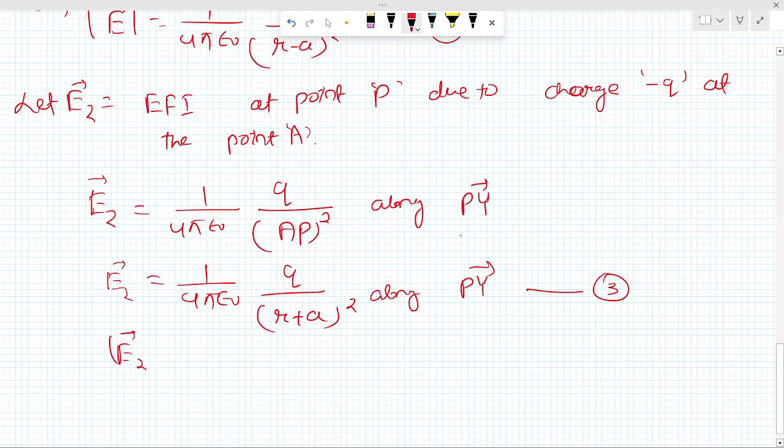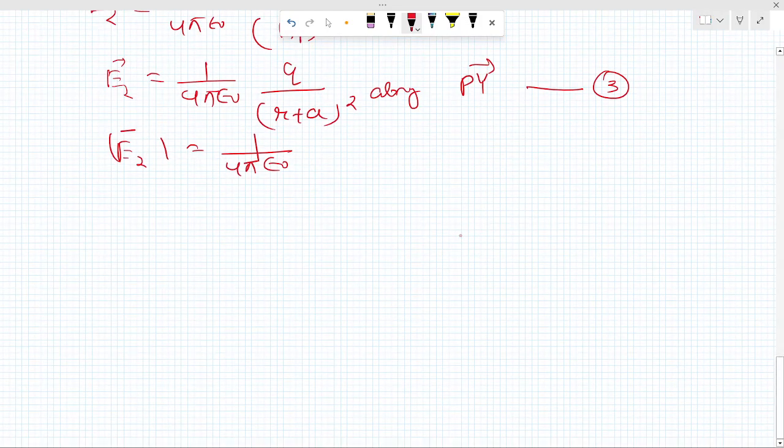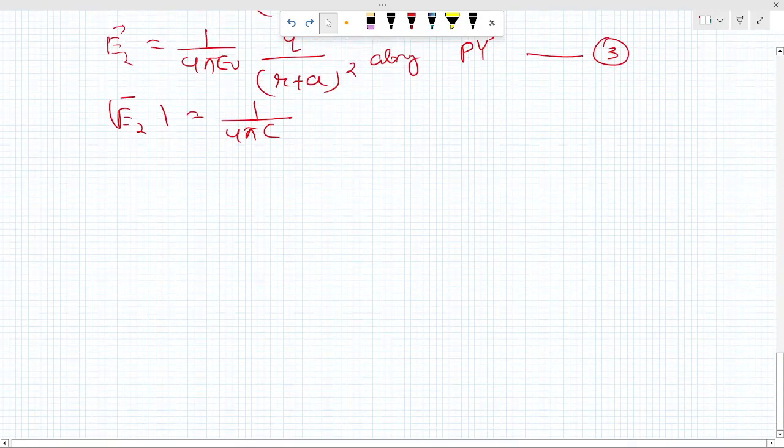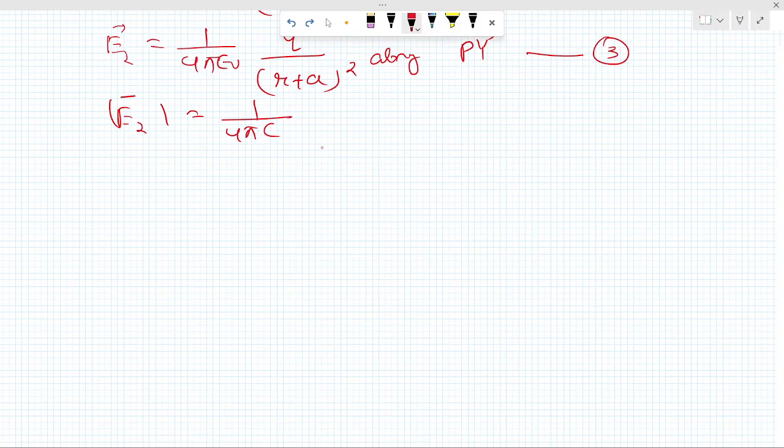E2 magnitude will be equal to 1 by 4 pi epsilon naught q divided by r plus a whole square, isn't it? Give it equation 4.